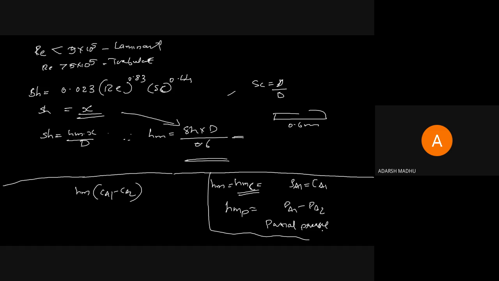If the equation is related to partial pressure, PA1 and PA2, we take hmp. First we find hmc, by the method we saw, and the relation between hmp and hmc is hmp equal to hmc by RT.